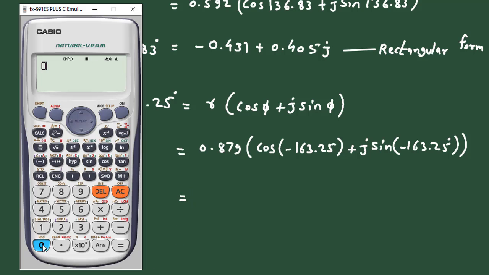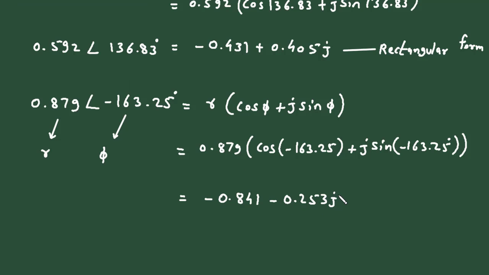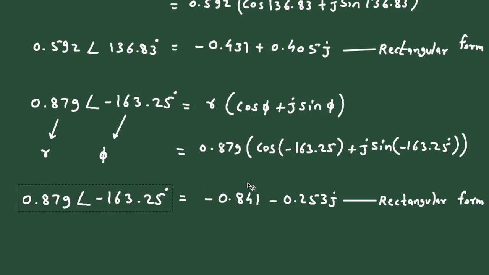Let's solve this in the calculator. So this will be minus 0.841 minus 0.253j. This is the rectangular form.